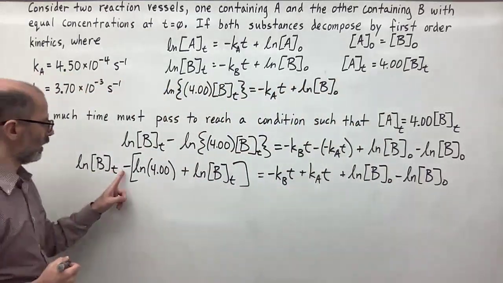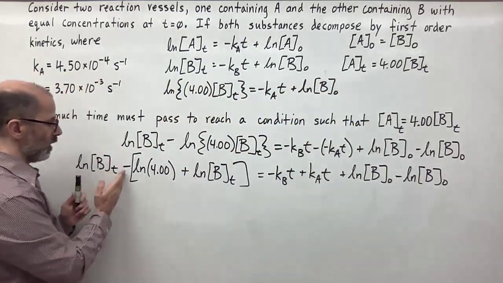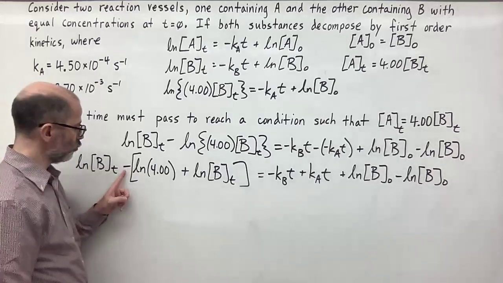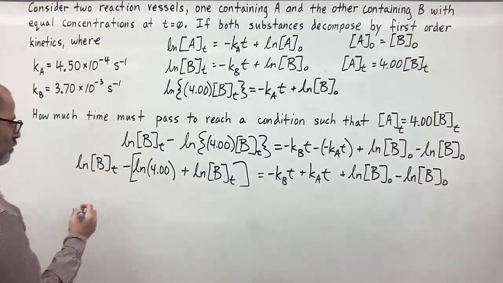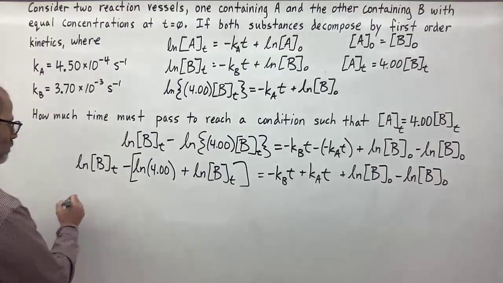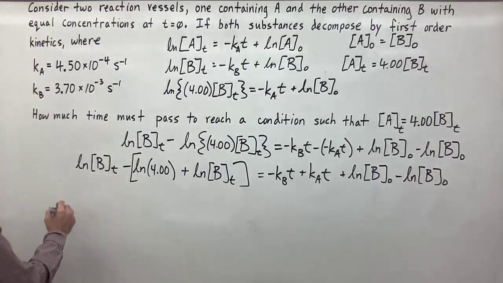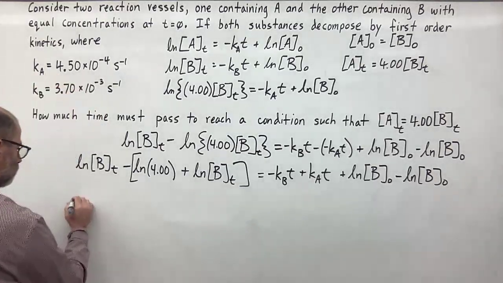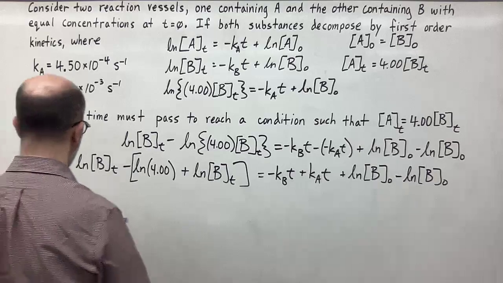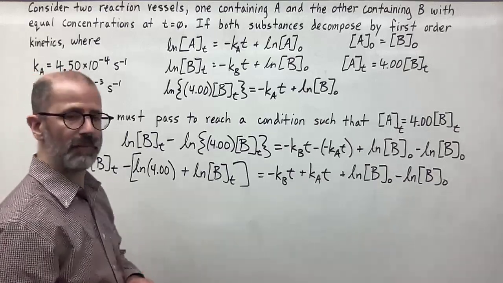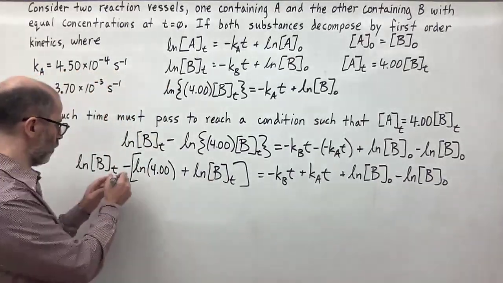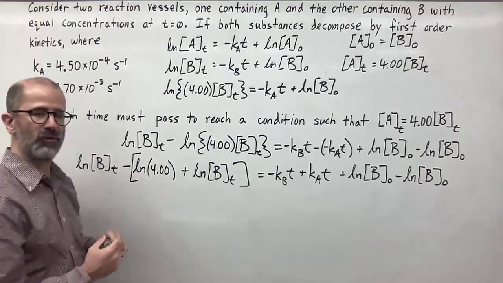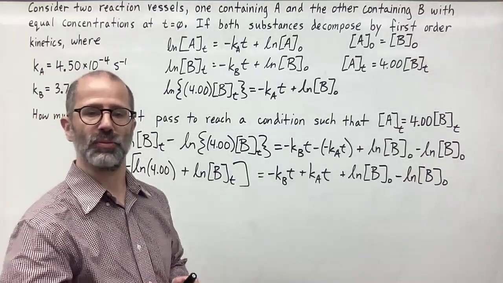Now, I can distribute this negative to what's in here. So this is going to be ln of B minus ln B. So we're going to distribute this negative sign to those two.